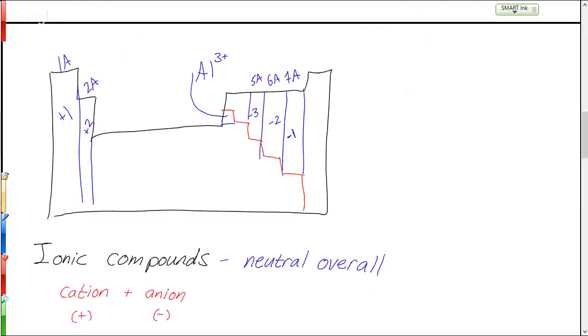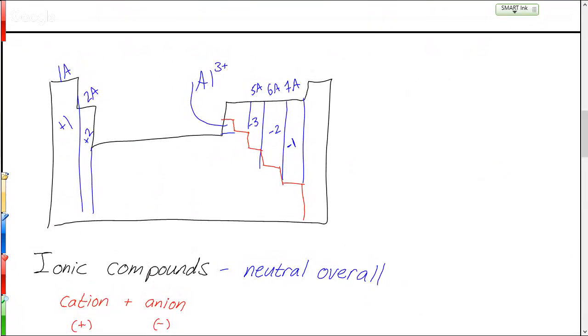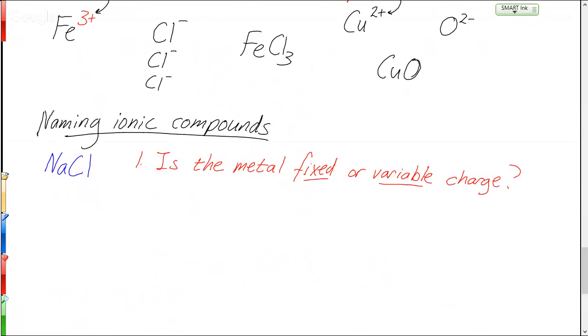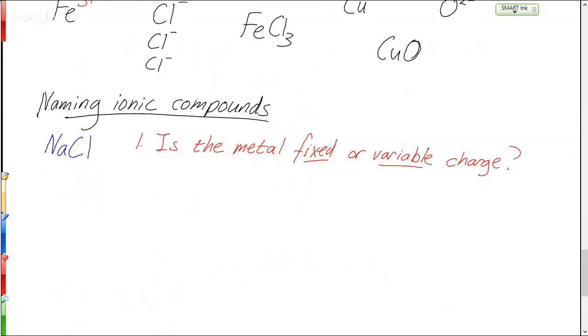We drew a periodic table about that. So all those ones where we always know the charge is the same are called fixed charge, and all the other stuff in the middle is variable charge. All right. So if it's a fixed charge, the name is just going to be the metal ion and then the non-metal with that -ide suffix.